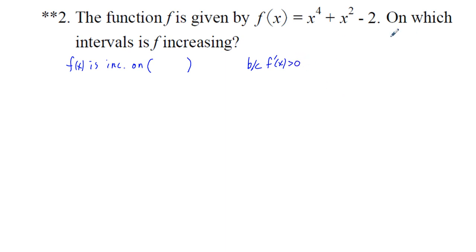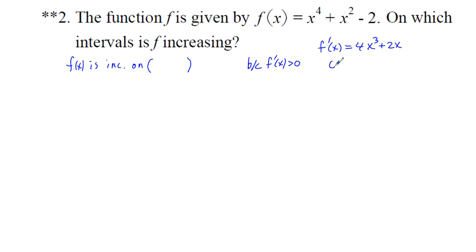So now we're going to take this function and find the first derivative. F prime of x is equal to 4x cubed, and then the derivative of x squared is going to be plus 2x.